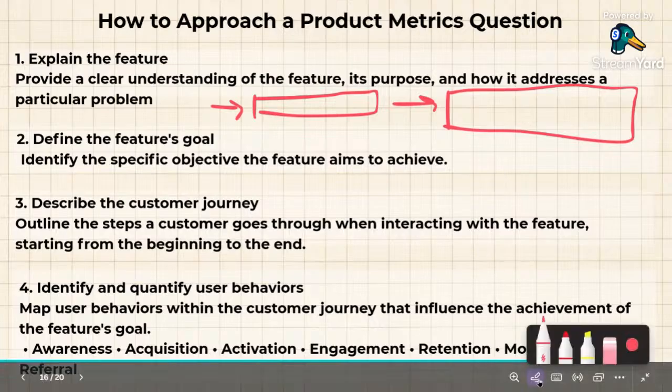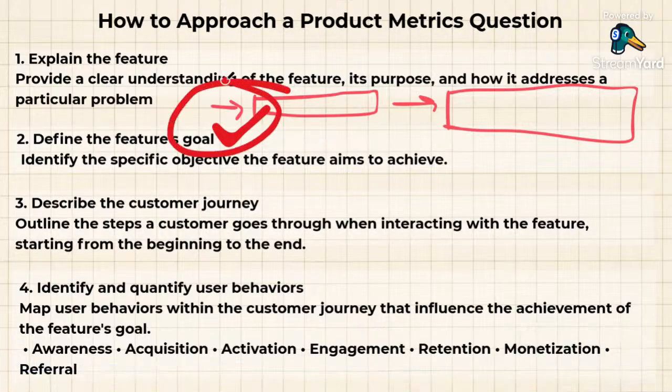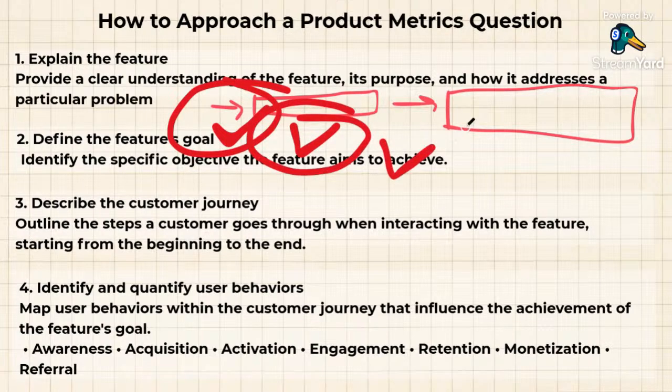Secondly, once we have understood the case, the second thing we do is understand the feature goal. What was the core goal of developing that specific feature? In this case, the feature was developed so that they can engage with their audience. Secondly, there is the business point of view. As I mentioned at the very first, you should have business sense, user empathy, and so forth.